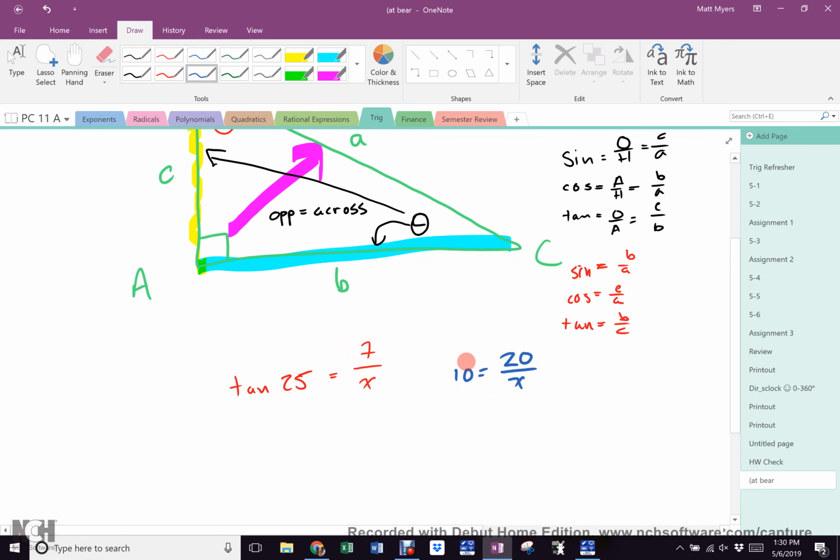How would you solve that? You would isolate x. The only difference is this is now a decimal number that your calculator already knows. It's not 10. Okay? So you would do the exact same algebra you would do to solve this, but you can't do it without your calculator. All right?